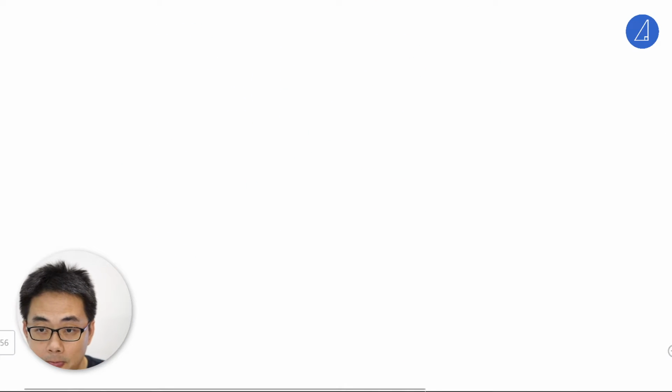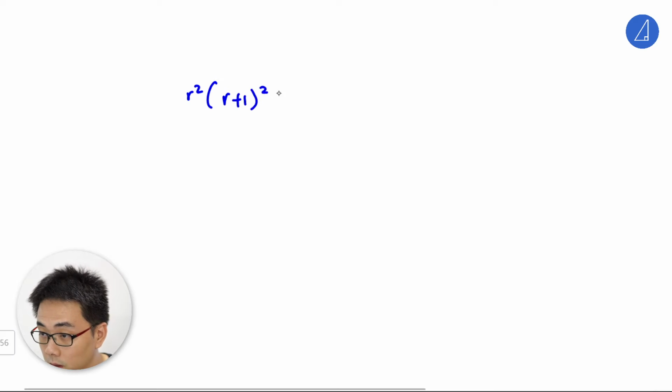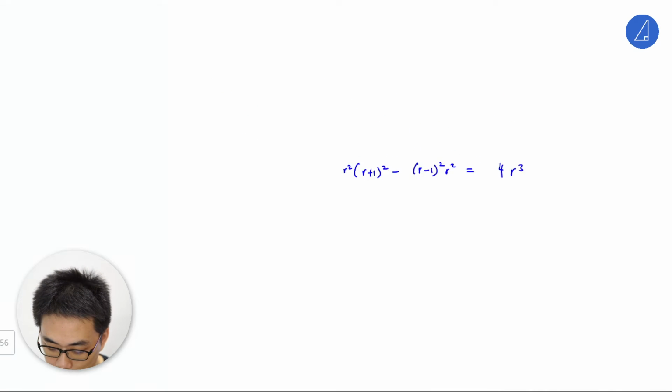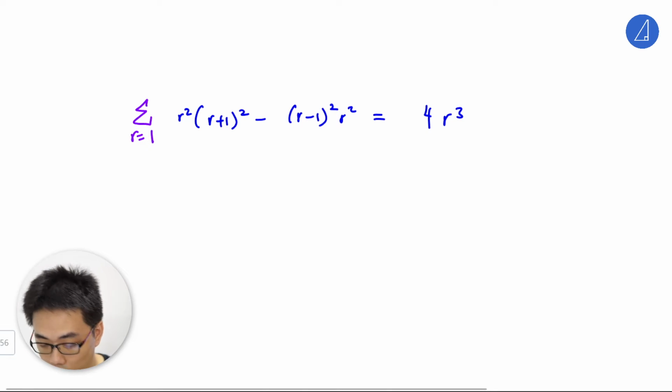R square (r plus 1) square minus (r minus 1) square for r cube. So what I'll do is I'll just attach a summation in front. R equals 1 to n. This whole thing.